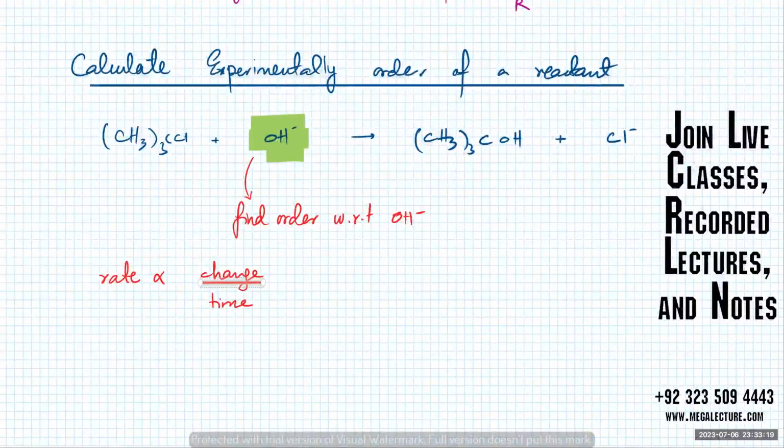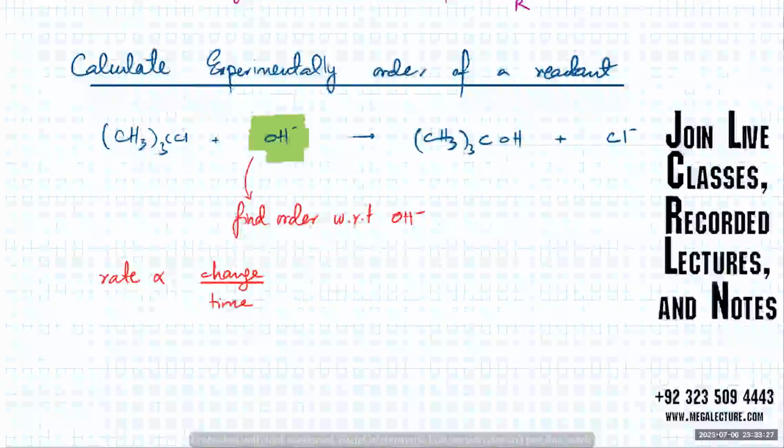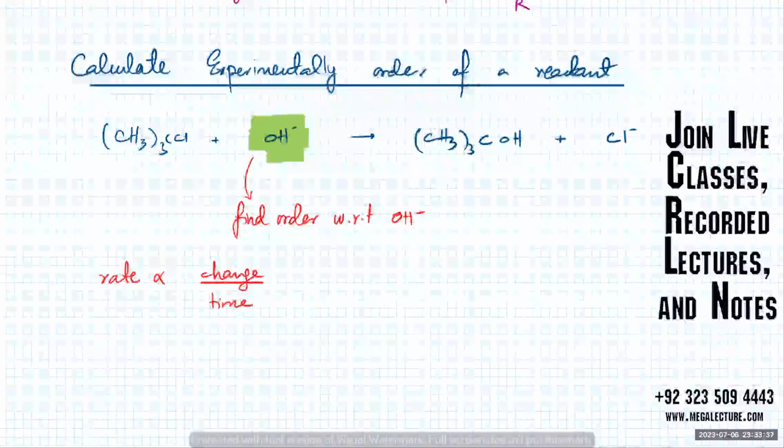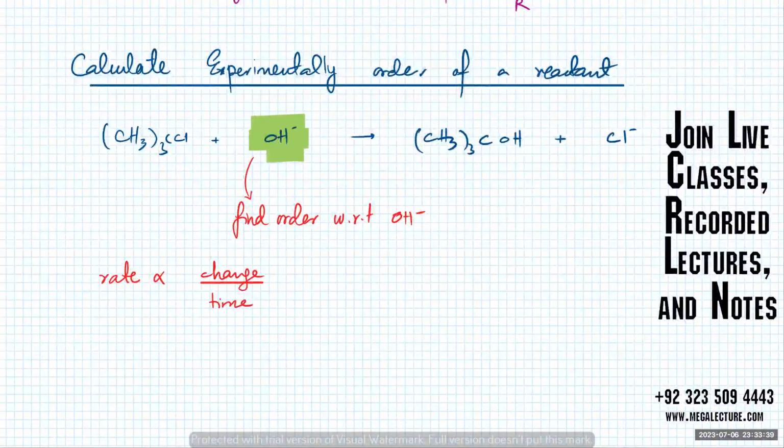Is it maybe how many Cl minus ions are produced, like the concentration? And how would you measure that while the reaction is going on?